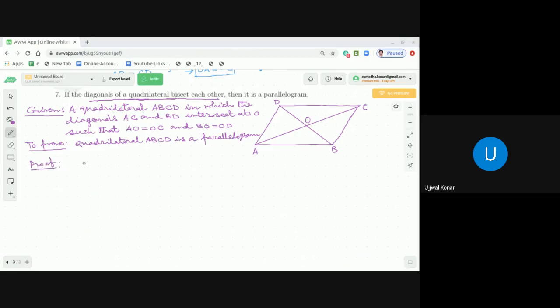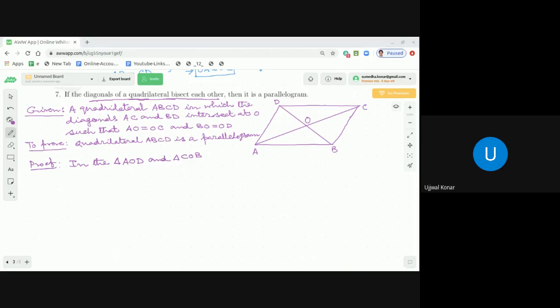Dear students, if you look into the two triangles AOD and COB, what are we going to get?